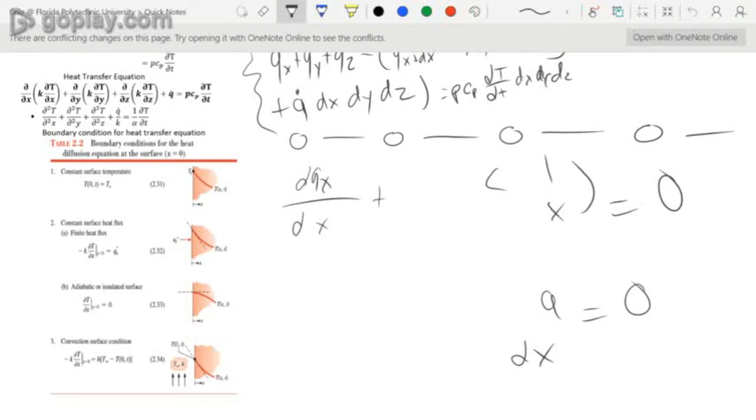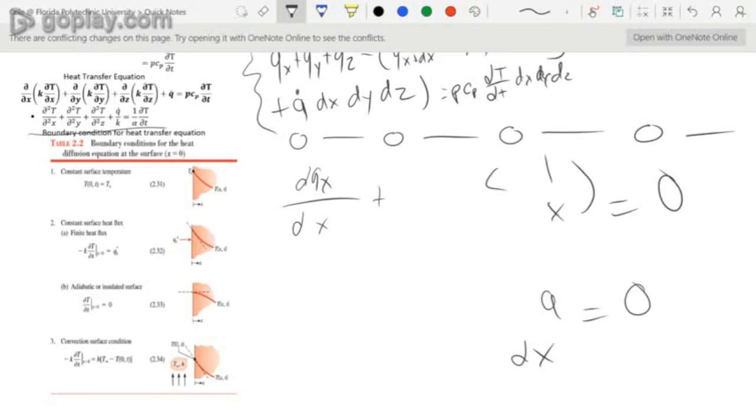And so to better utilize the heat transfer equation, we are able to apply boundary conditions, because this is a second order partial differential equation, and this can be cumbersome to solve. These boundary conditions allow us to get rid of some components of it, and we'll better utilize the equation.